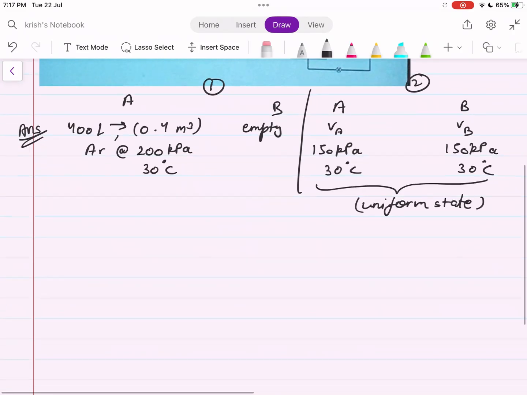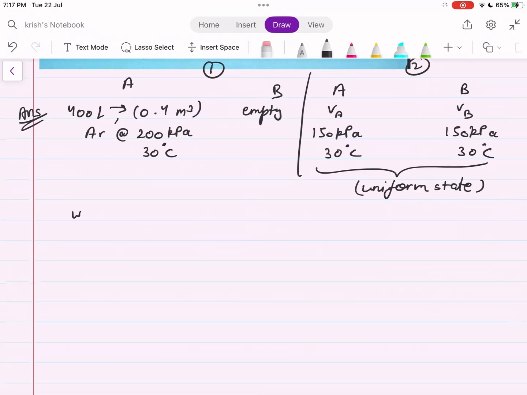Okay. So, as you know, work done is integral of PdV. Now, what is this pressure? This pressure is the opposing pressure against which the work is done.